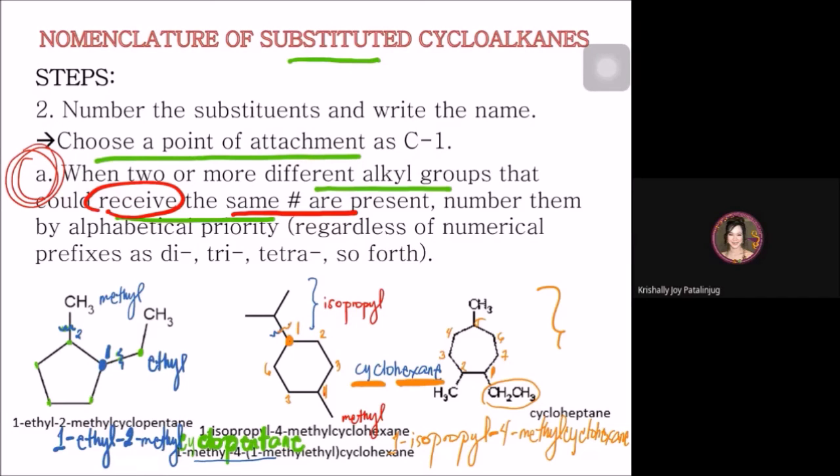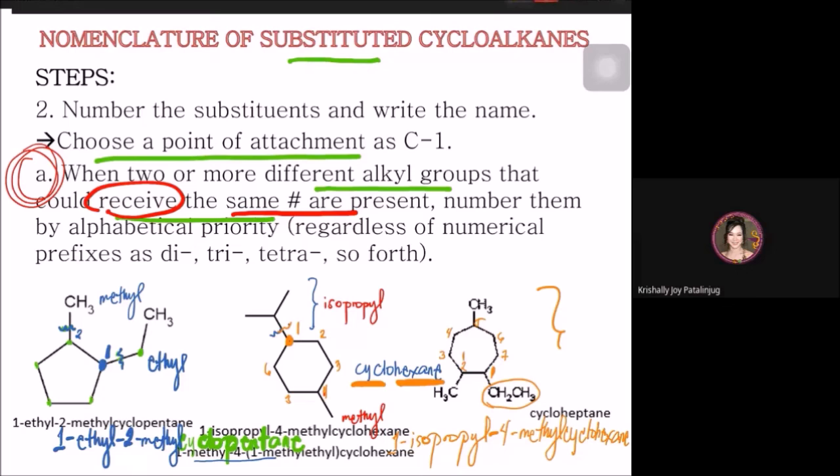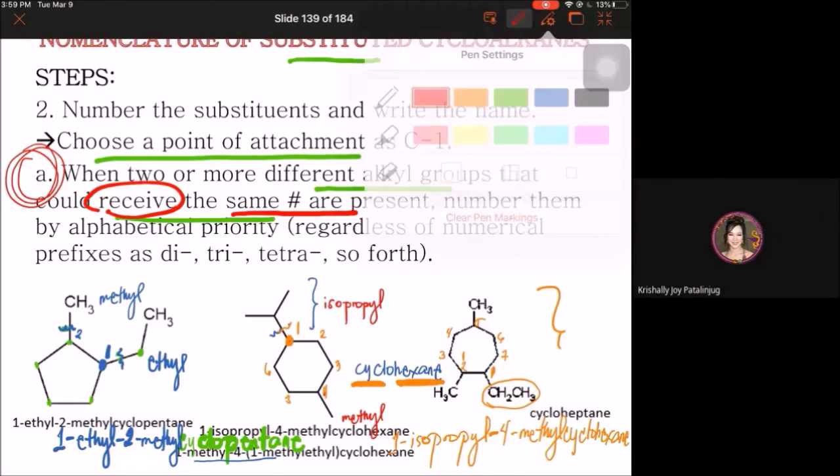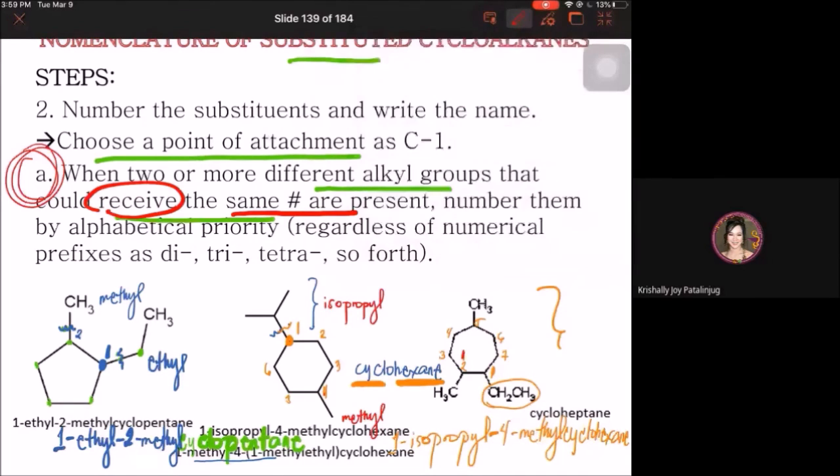Then this is number 2, then 3, 4, 5. You still get 1, 2, and 5, the same as the orange labels.